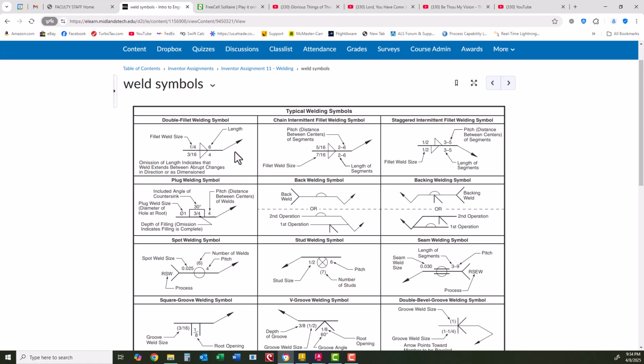One of the things you've got to remember is this is where the weld is indicated, and something that is really interesting is no matter which direction the arrow is pointing, the size of the weld is always on the left side.